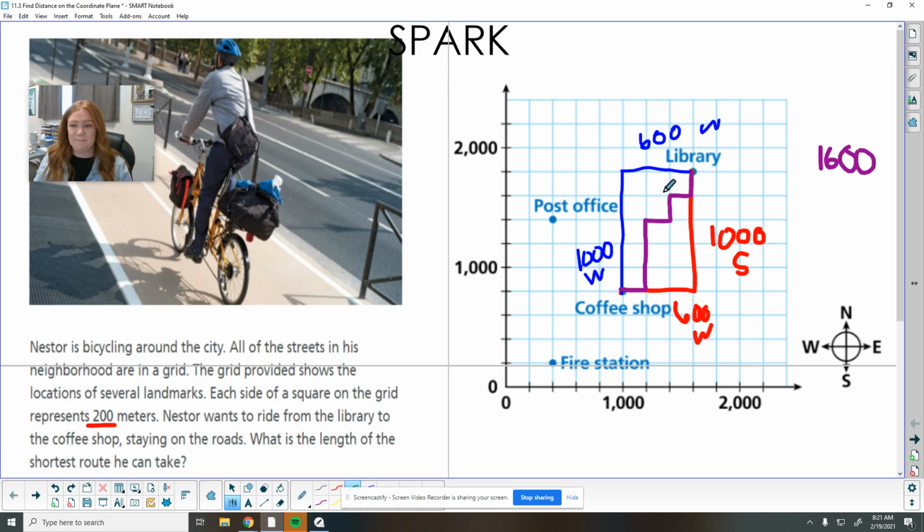Let's try another way. It's looking like as long as I'm using these straight lines, it's going to equal 1,600. So I'm going to go over 2: 2, 4, 6, 8, 10, 12, 14, 16. When I'm using the same path, either way, I had to go over. So here's 2, 4, over another one, 6. I just did it at different times.